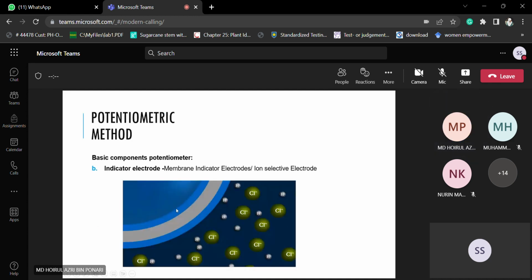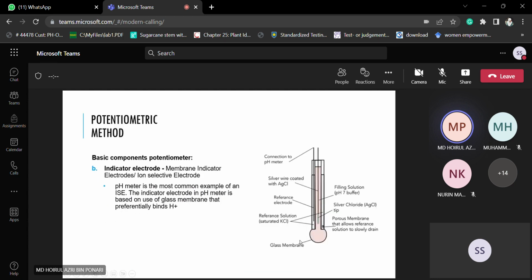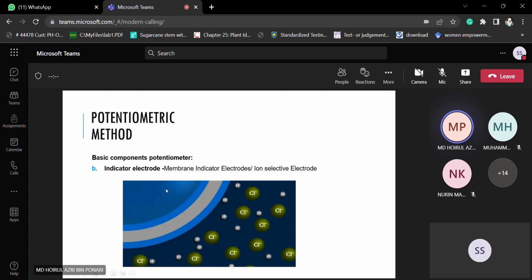Ini adalah gambar kita punya indicator electrode. Ini adalah glass bulb tu tadi. Kalau awak nampak, ini adalah warna kelabu dan biru, ini adalah kita punya membrane ni, glass membrane ni. Faham tak yang bulat ni? Ini adalah diagram dia. Ni adalah kita punya indicator electrode.